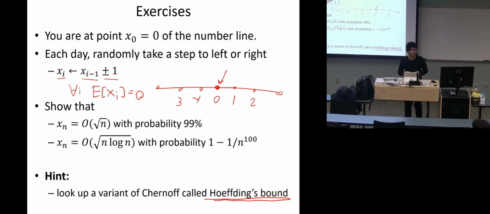It's just some variant of Chernoff. Try this at home. This is some behavior that is good to know. When you do a random walk in 2D, after n steps you're kind of close to root n, not n. It's still not super concentrated, but still within root n here.